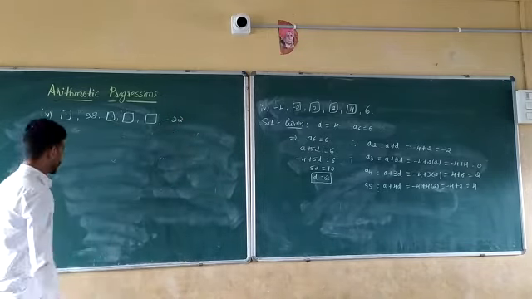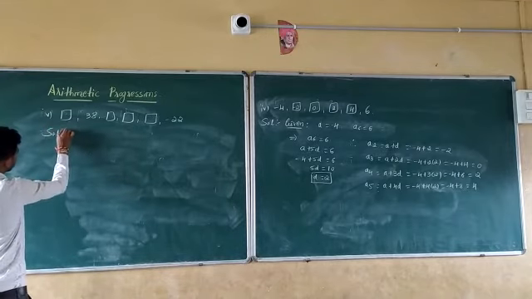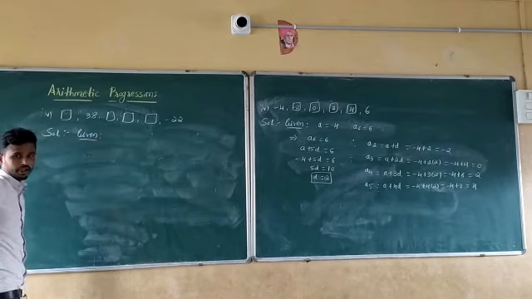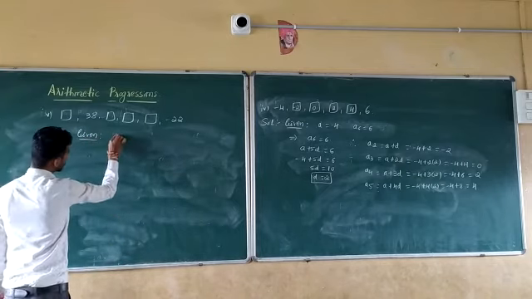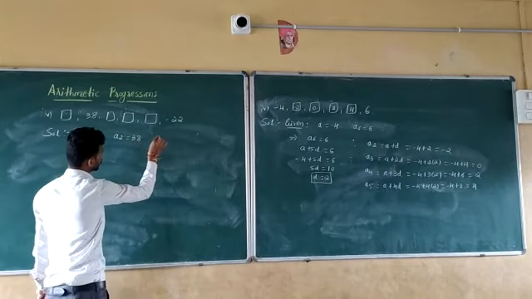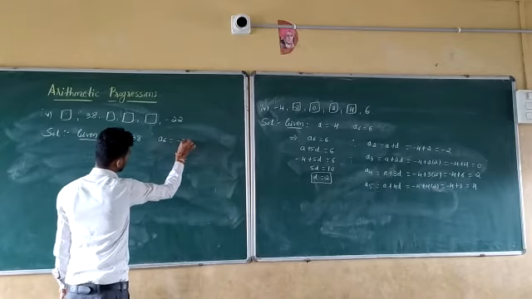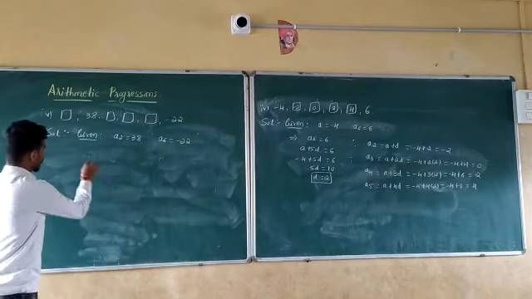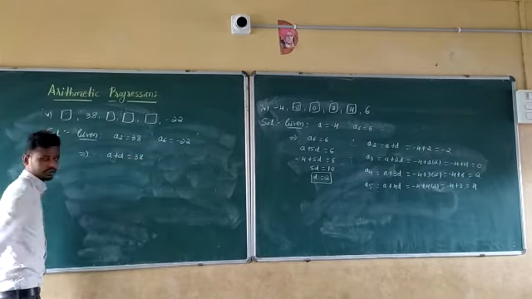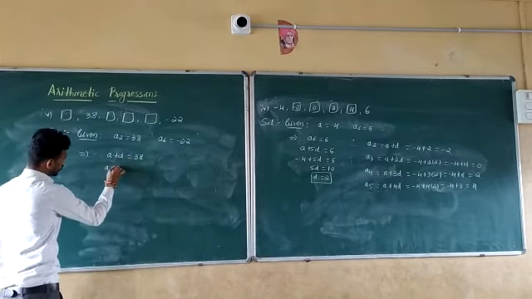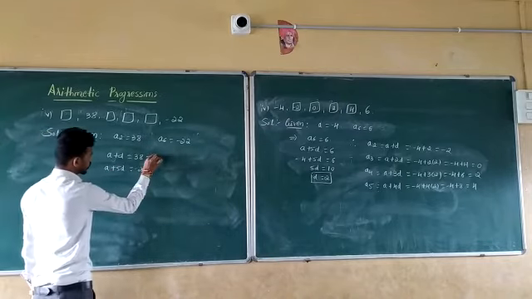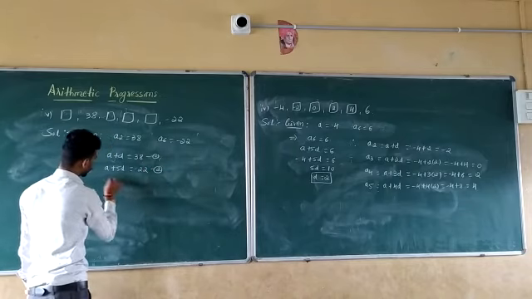So what is given here? The second term is given, means a2 is equal to 38, and the sixth term is given, a6 is equal to minus 22. So a2 we can write as A plus d, equal to 38, and a6 as A plus 5d, equal to minus 22. Let us take this as equation 1 and this as equation 2.